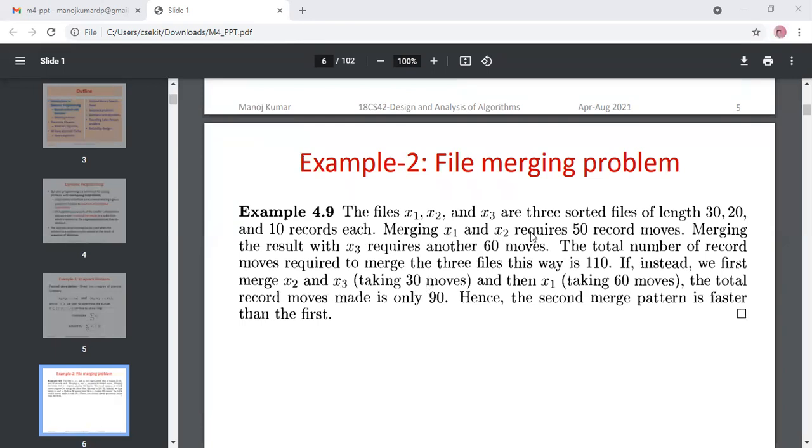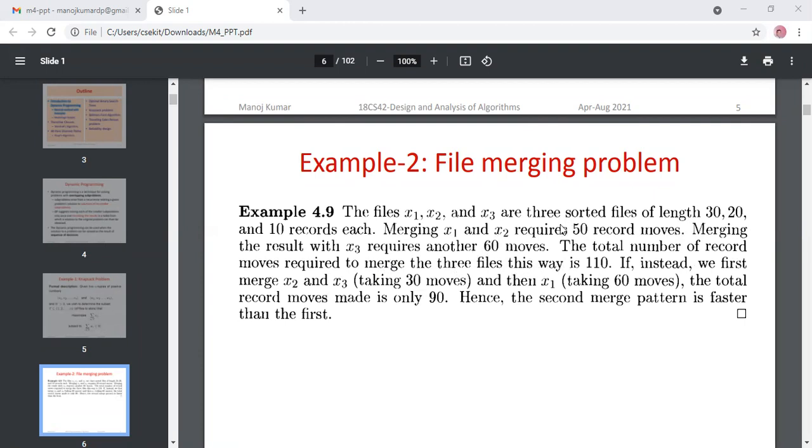Merging x1 and x2 requires 30 plus 20, that is 50 record moves. Merging the result with x3 requires 50 plus 10, that is 60 moves. Then we count the total number of record moves required to merge the three files this way.